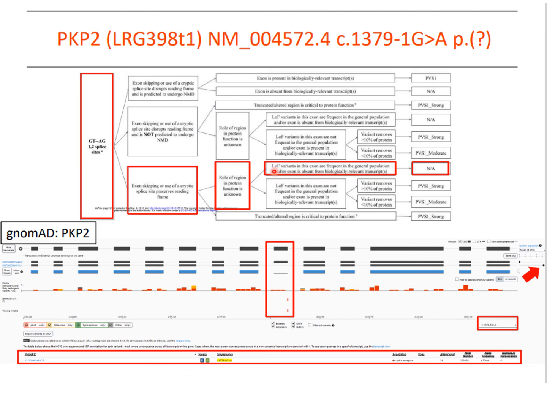In this case, loss of function variants in this exon are frequent in the general population. The exon is absent from biologically relevant transcripts, and therefore I would not use PVS1 at all. This is an example of how you could look for PVS1 for this splice variant.